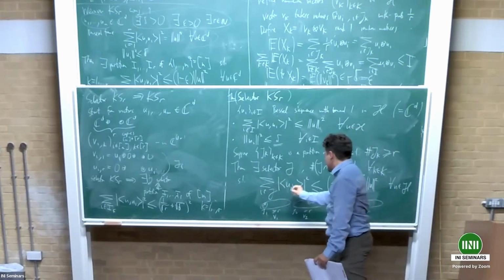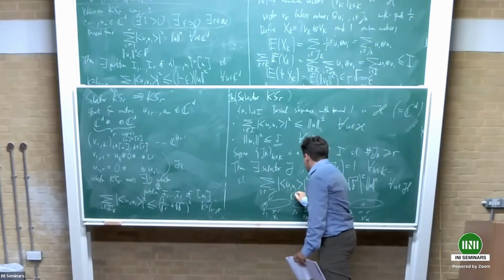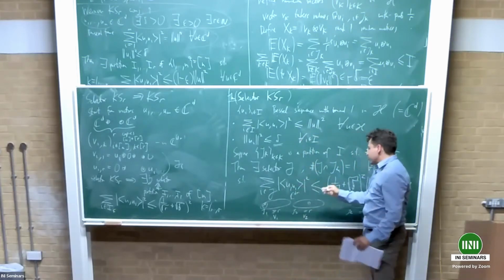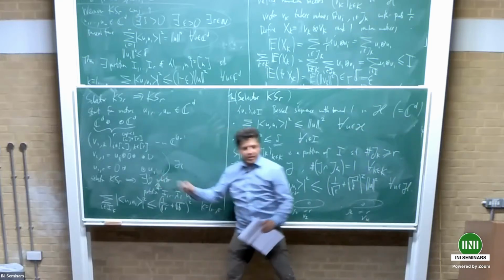This bound happens in the larger space CDR, the R copies of CD, and when you look at what is happening on each component, you get that.